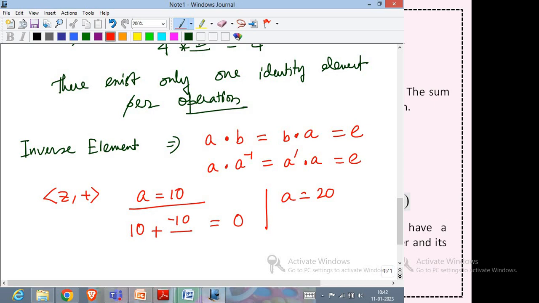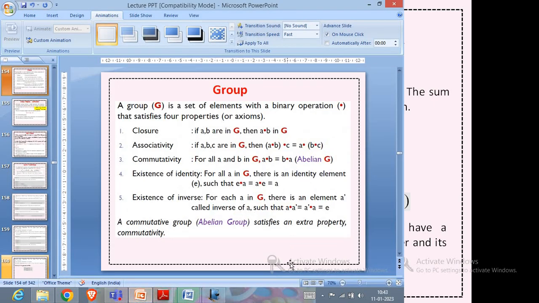Because if I consider plus as the operator, the identity element will always be 0, but the inverse element will go on as per the dimension of the set itself. This is about the fifth property that we come across.